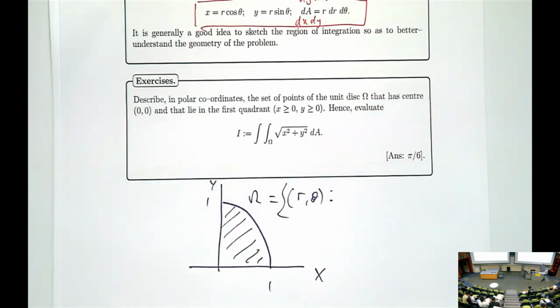What are our limits of integration for r and theta? Yeah, r is going to be between 0 and 1.